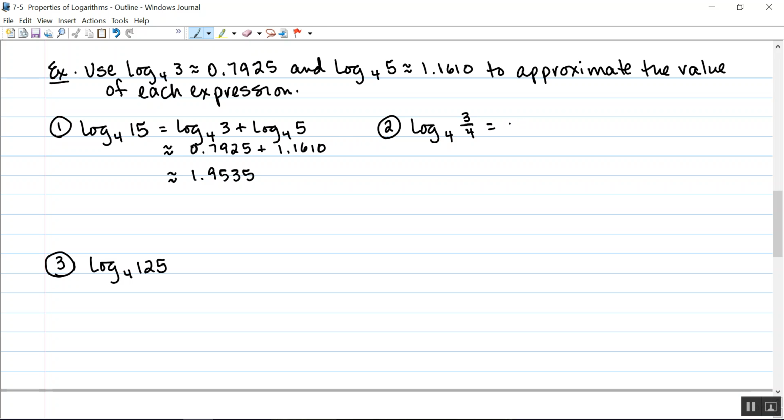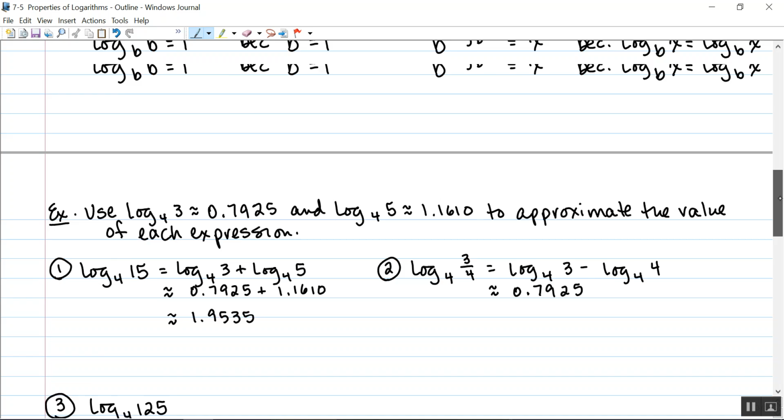Okay. Number 2, log base 4 of 3/4. Well, that's going to be equal to, using the quotient property, log base 4 of 3 minus log base 4 of 4. Okay, so I'm given log base 4 of 3 is approximately equal to 0.7925, and oh geez, I wasn't given log base 4 of 4.